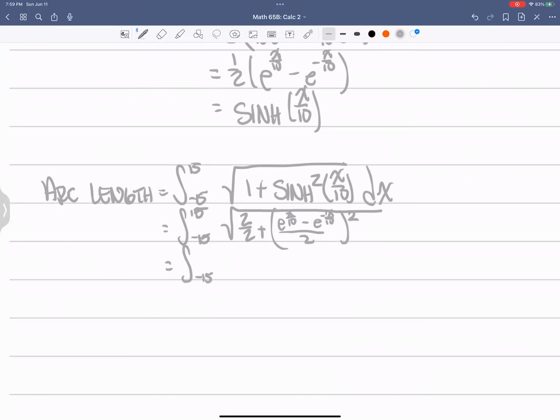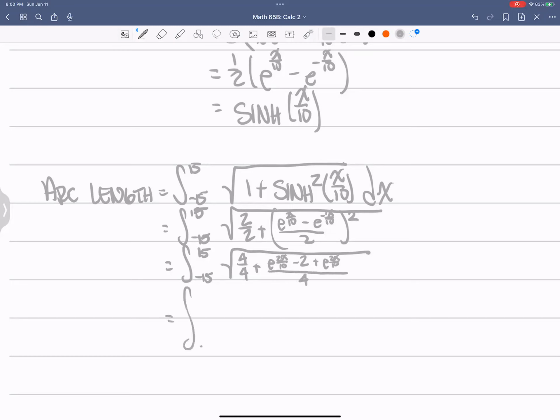So the integral from negative 15, the square root of 4 over 4, plus e to the 2x over 10 minus 2, because when we multiply them together we end up with that, and the same thing squared over here, plus e to the negative 2x over 10, all over 4.